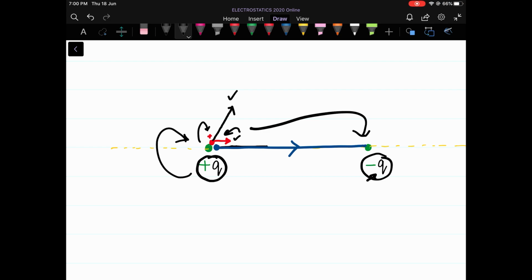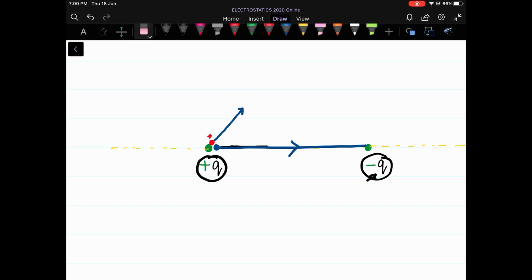Hence the repulsive force is going to be stronger than the attractive force. This charge, because of which, is going to follow a path somewhere in this direction, not moving here, but in between, and it's going to be closer towards the bigger force.